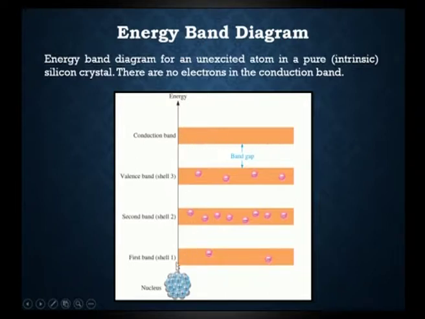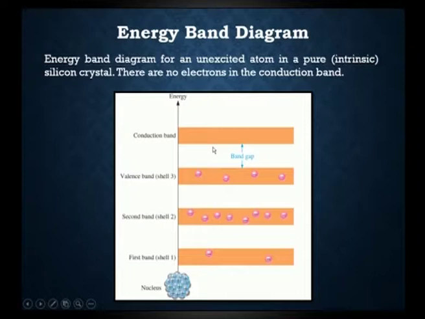So, this is how the energy bands would be. This is the first energy band, named shell one, which is very near to the nucleus, and above this there is the second band and the third band, which we consider as the last or outermost band. It is considered the valence band, and above it will be the conduction band, where electrons are present.